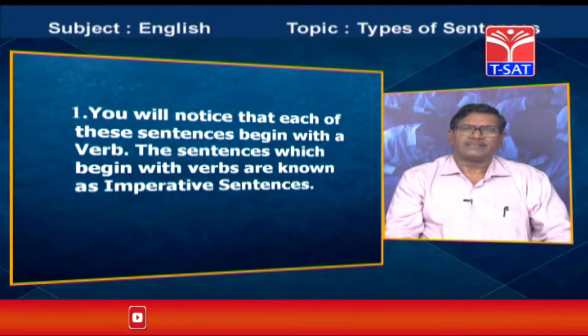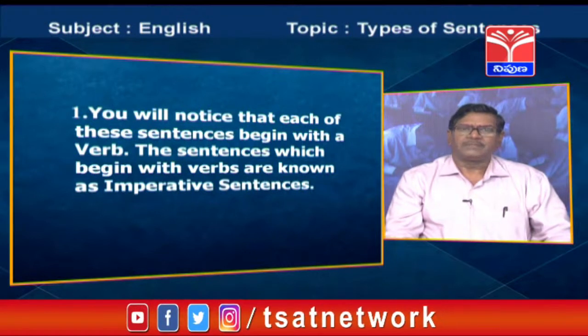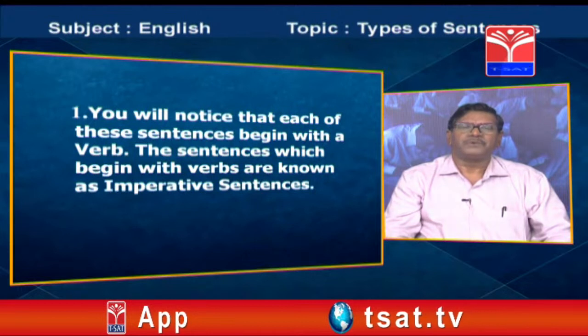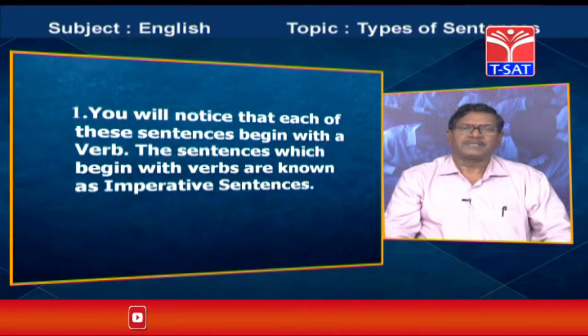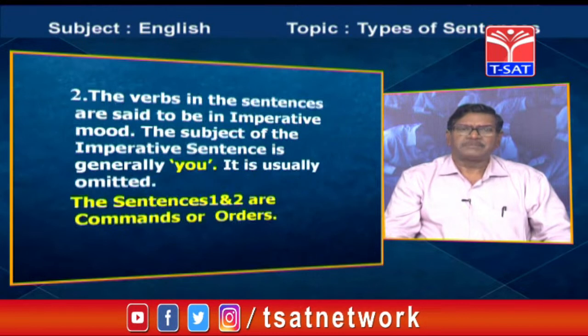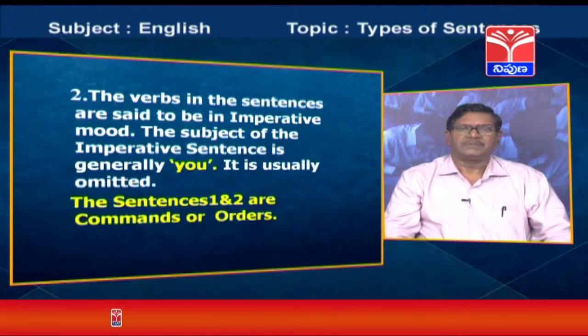Here we notice that these sentences begin with a verb. Sentences which begin with verbs are known as imperative sentences, and the verbs in the sentences are said to be in imperative mood. So, the name imperative is given to them because the verbs are in imperative mood.